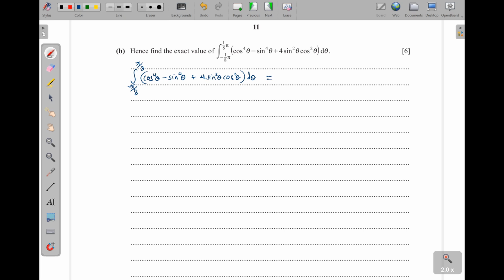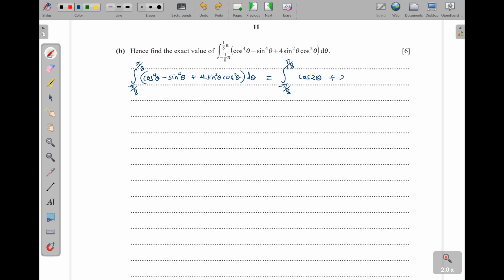This is actually the integral from negative π over 8 to π over 8. This one we have seen is cos 2θ, from part A. So I will write here cos 2θ and then plus, since there is a double angle, there is also a double angle here for sine.